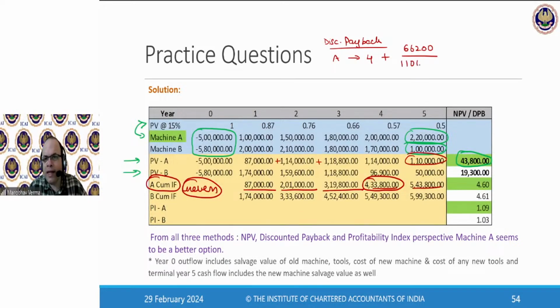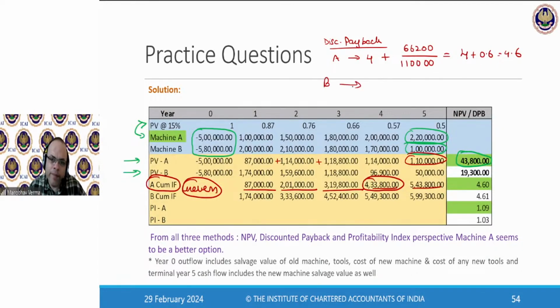So 66,200 divided by 1,10,000 is 0.6. 4 plus 0.6, I'm getting 4.6 years. I hope the discounted payback calculation is clear.